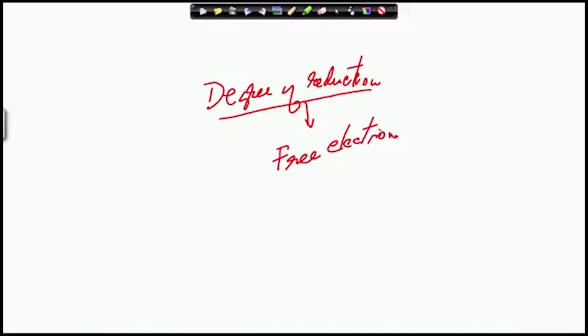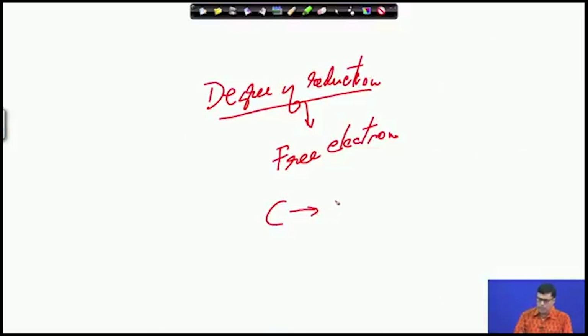Now, the question comes, how do you calculate the free electrons? If you look at carbon, it has 4 electrons in the outermost orbit, so it can give up 4 electrons; we consider C 4 plus. In the case of hydrogen, we consider it 1 plus.